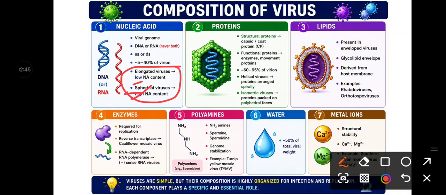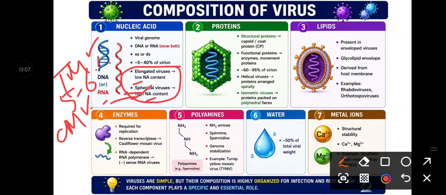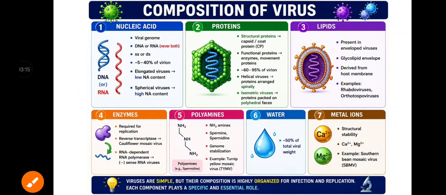Elongated viruses contain a low amount, around 5 to 6%. For example, the elongated virus TMV has only 5% nucleic acid, very low. About the spherical viruses, let's take the example of CMV, cucumber mosaic virus. How much percent RNA is there? 18%. It is high.